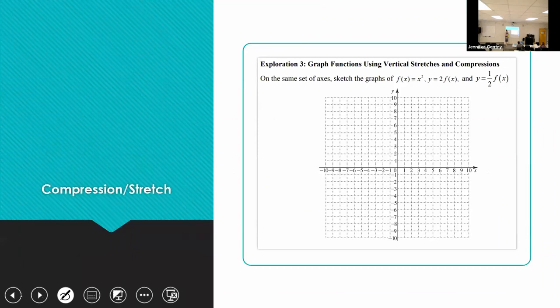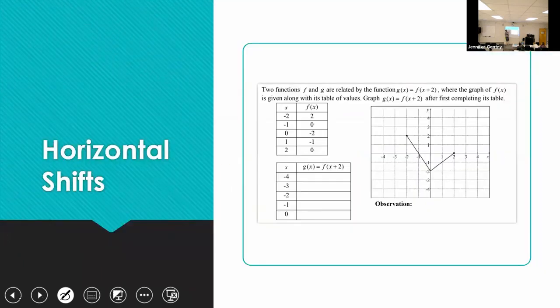One makes it go up and down. The other one makes it go side to side. What is f of x? Y. What axis are we moving with that one? The y-axis, right?